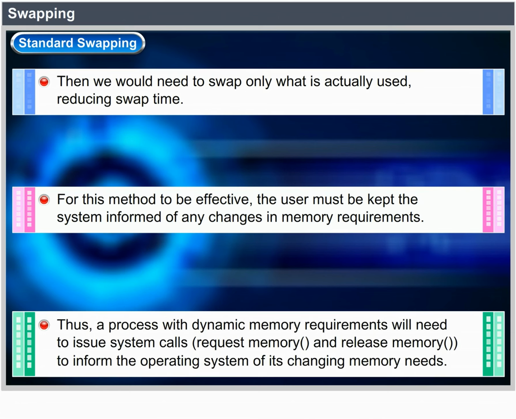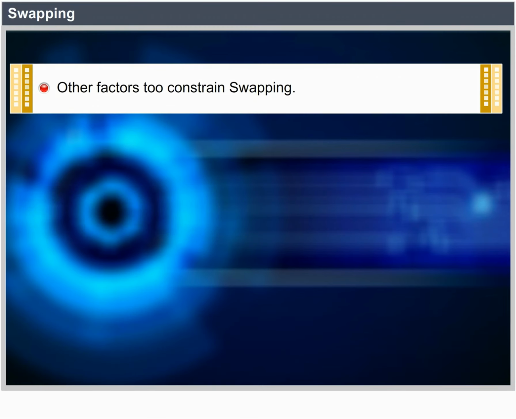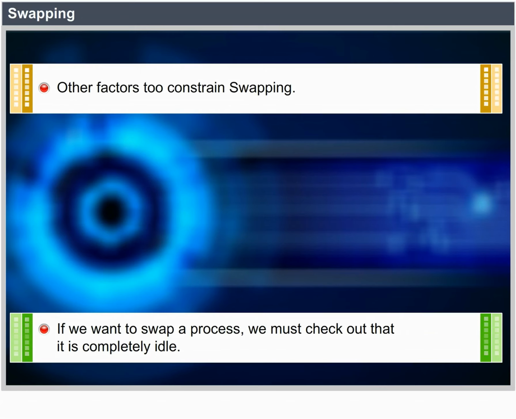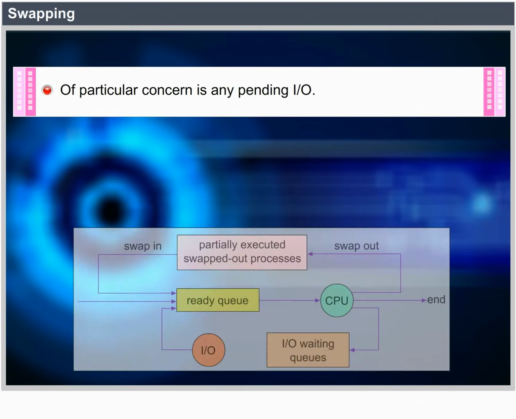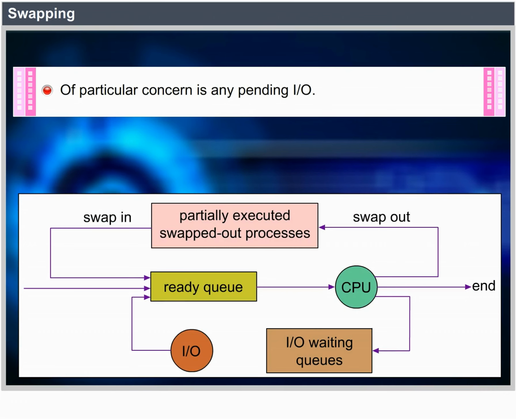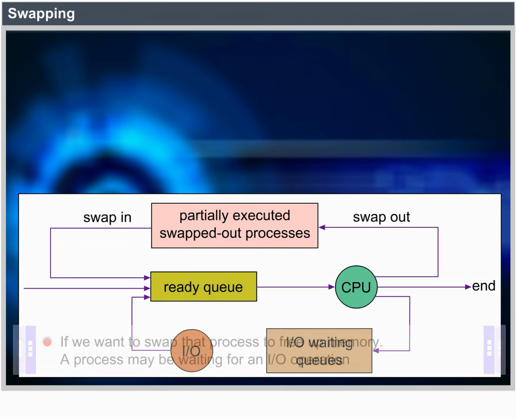Swapping is constrained by other factors as well. If we want to swap a process, we must be sure that it is completely idle. Of particular concern is any pending input-output. A process may be waiting for an input-output operation when we want to swap that process to free up memory.